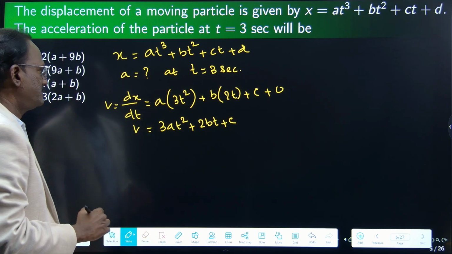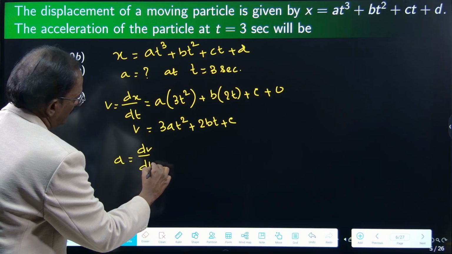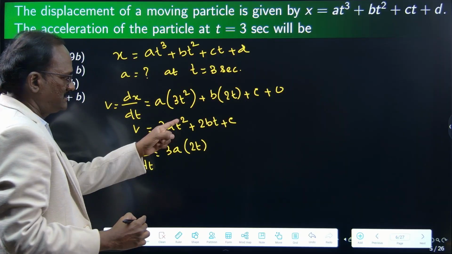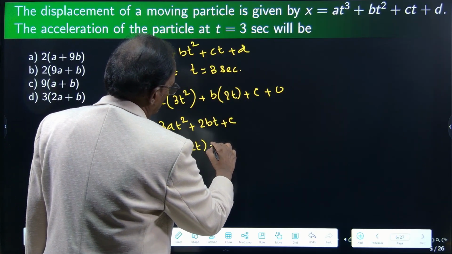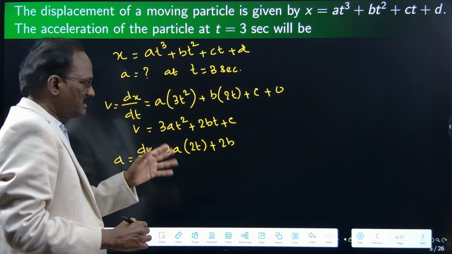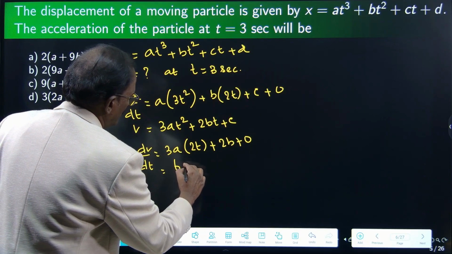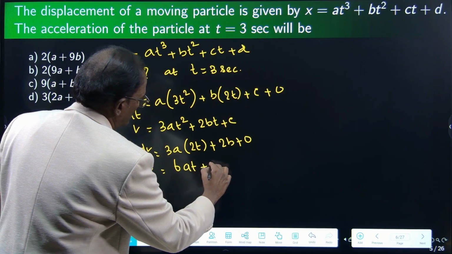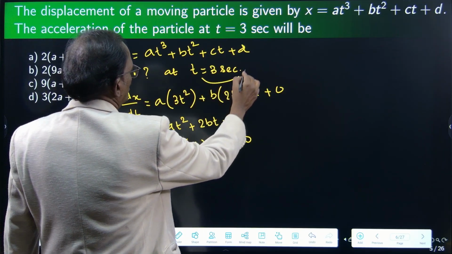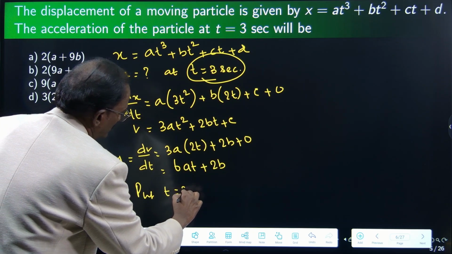So 3at square plus 2bt plus c. This is velocity. Then a is equal to dv by dt. 3a is constant, 2t is the differentiation of t square. 2b is constant, differentiation of t itself is 1. Then c gives 0. So this is 6at plus 2b. The question is at t is equal to 3 seconds. So put t is equal to 3.